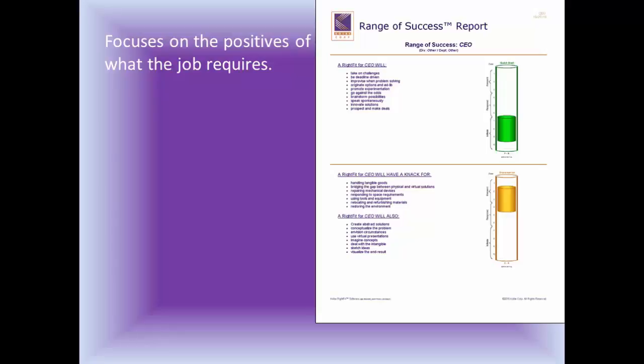This information will really help with that. And the language here is a bit different than the way it has been in the RightFit or the range of success reports in the past. It focuses on the positives for what the job requires, for describing the strengths that somebody will bring to the table that will work well in this range.